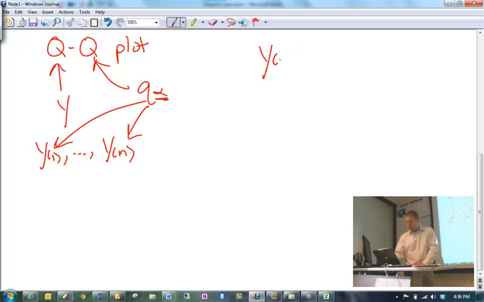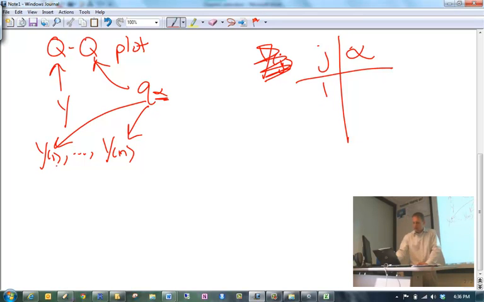So let me actually create a table. Y, how should I do this? J, alpha, and J is going to represent the ordered value.